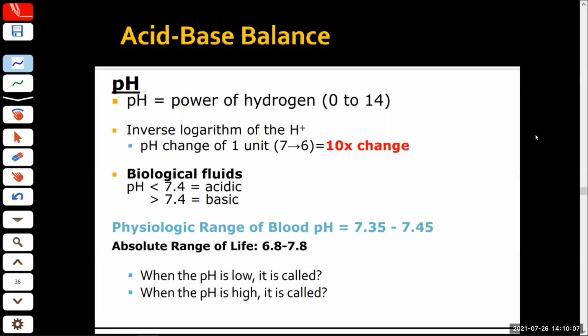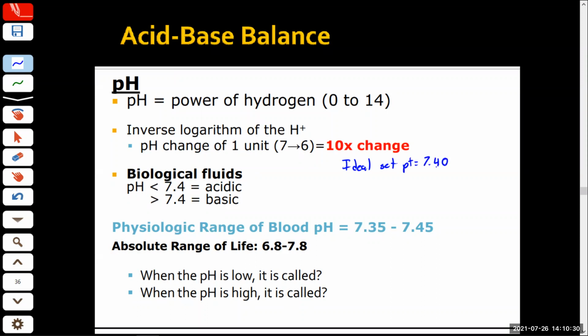With pH, that's measuring how acidic somebody is. Okay, range 0 to 14. Humans, couple of values you need to know. Our ideal set point is 7.40. The ideal pH is 7.40.